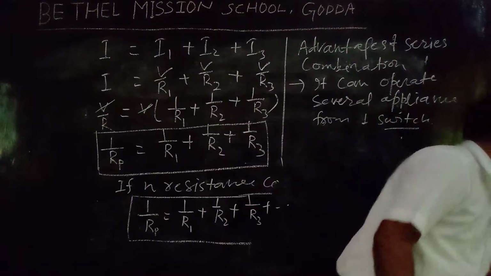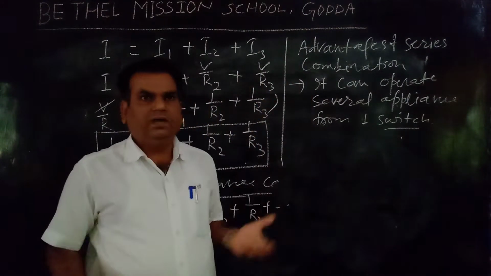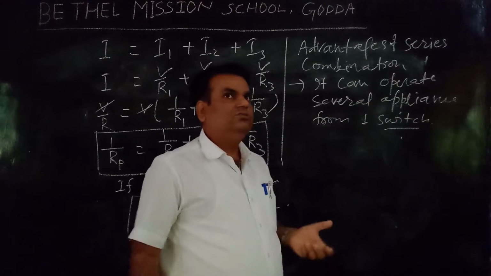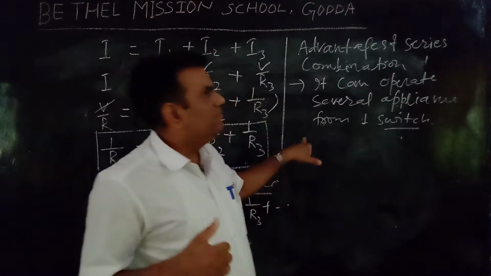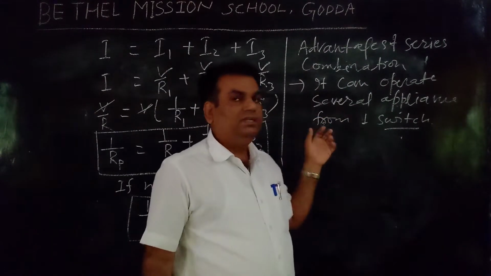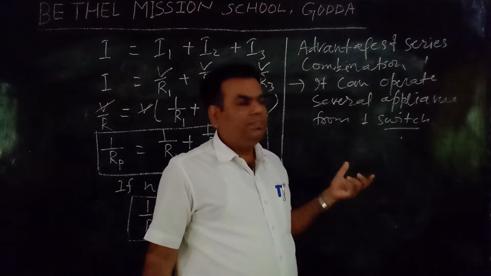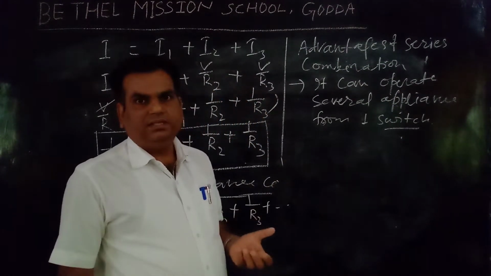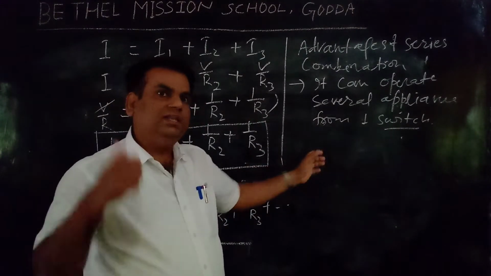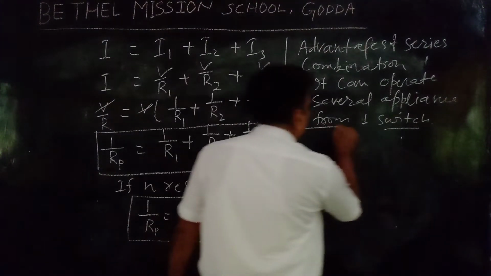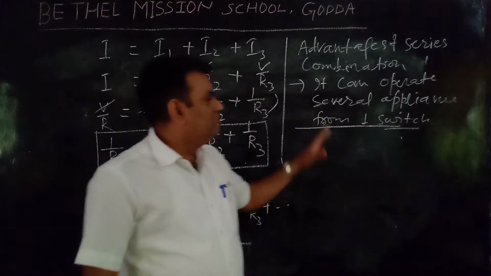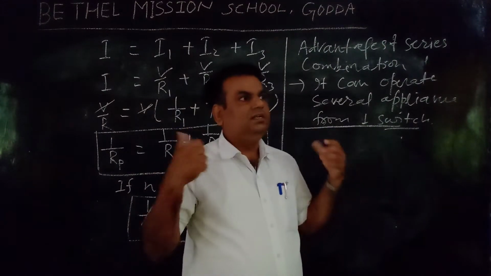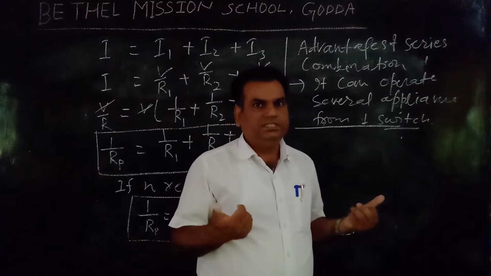It means our household wiring is a parallel combination. So if you want to operate the fan, we can operate only the fan. If you want to operate the bulb, we can operate only the bulb. If you want to operate TV, fridge, any kind of appliance, we can operate only that appliance. But in series combination, if you want to operate the bulb, it operates the fan, TV, fridge, all the electrical appliances.